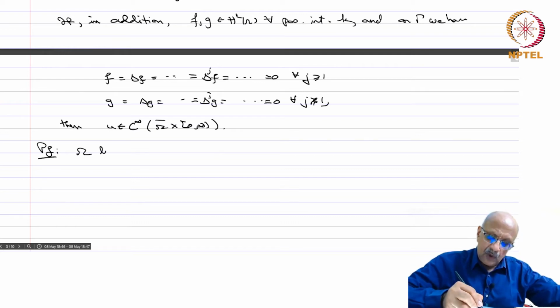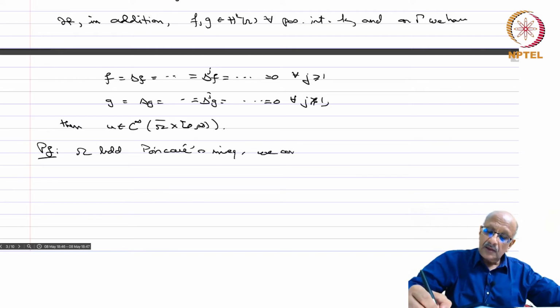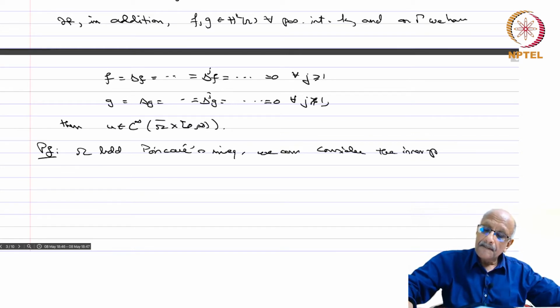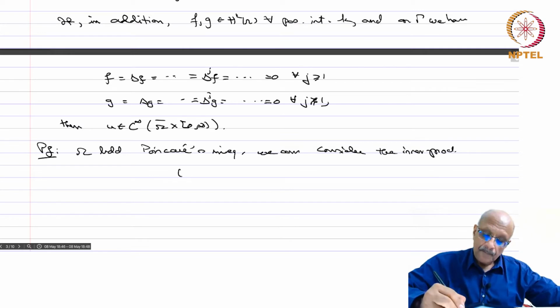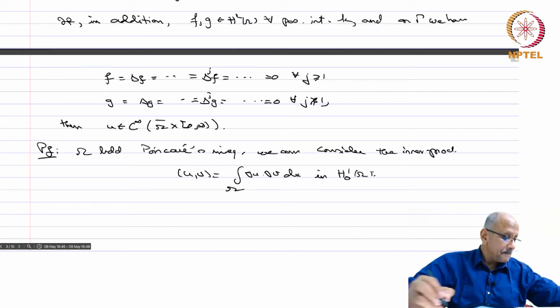Omega is bounded, so by Poincaré's inequality, we can consider the inner product (u,v) equals the integral of grad u dot grad v dx in H10 of omega.